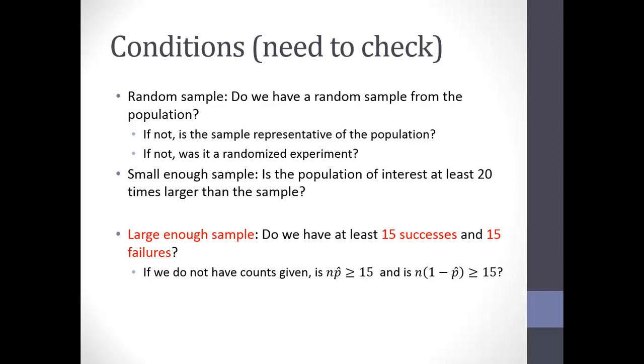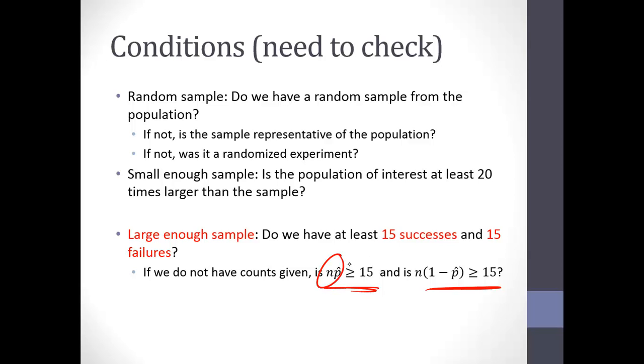So first, same three conditions as we've always had: random sample, small enough, large enough. Random sample and small enough are going to stay the same. The large enough sample changes slightly. We want 15 successes and 15 failures. So we want to make sure that n times our sample proportion is bigger than 15, and n times 1 minus the sample proportion is bigger than 15.